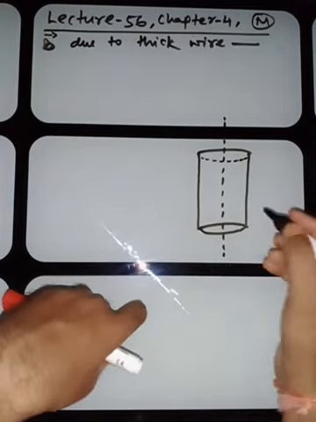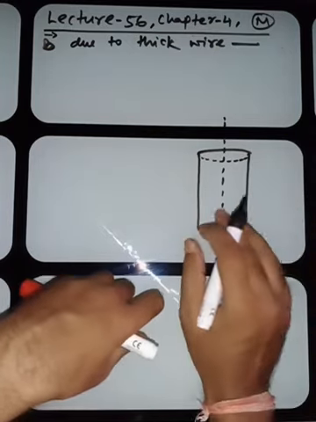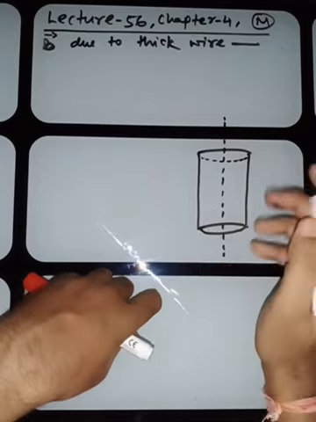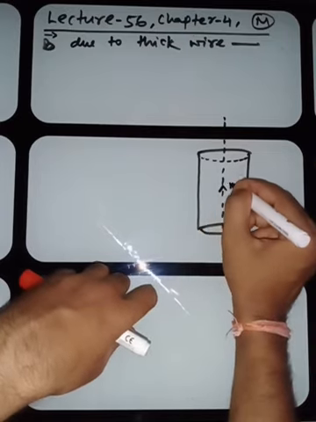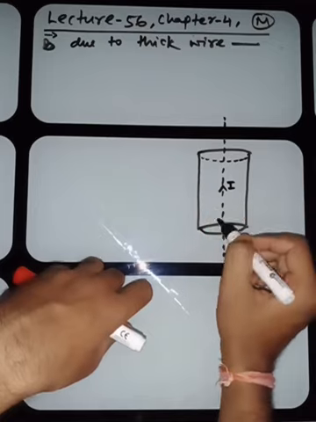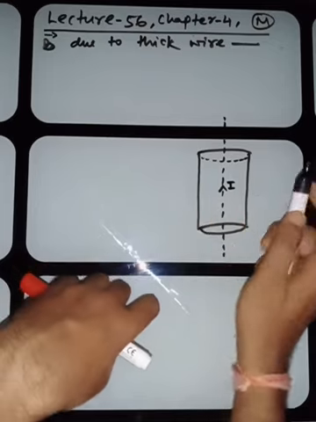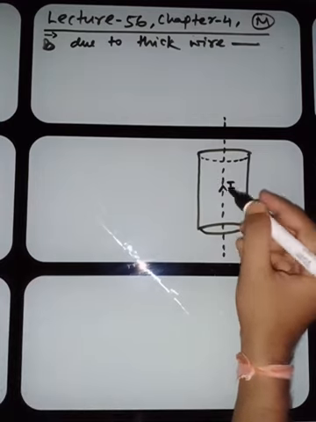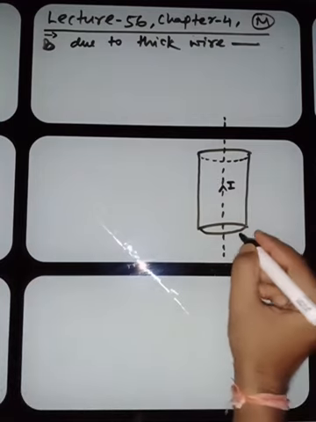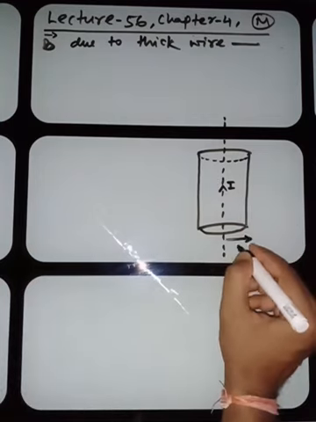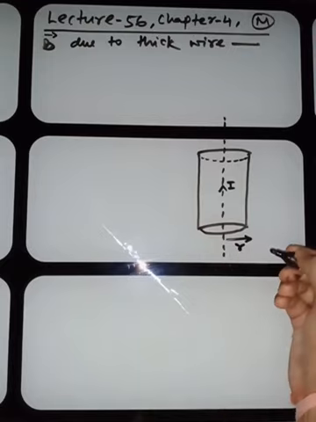The total current flowing through this conductor is I. This is not the conductor, remember, this is the axis of the conductor. This one is the conductor, and the current flowing is I. The radius of the conductor is given as r. This is the radius of the conductor.